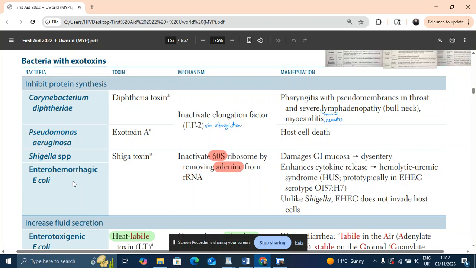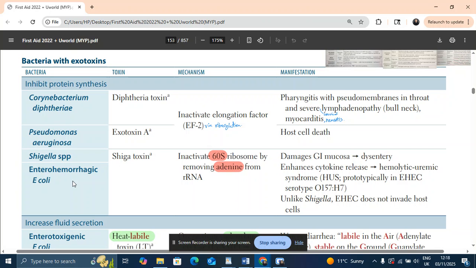Then the body uses platelets in the clotting pathway, and the platelets get used up, so that leads to thrombocytopenia.